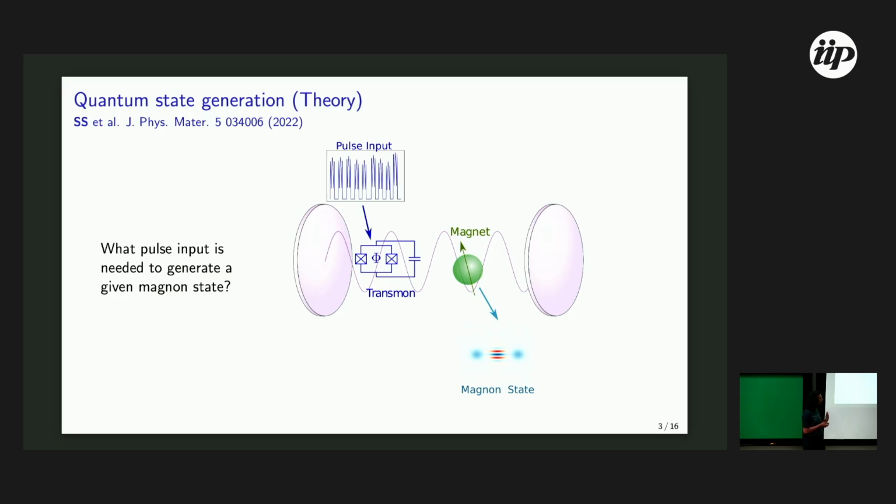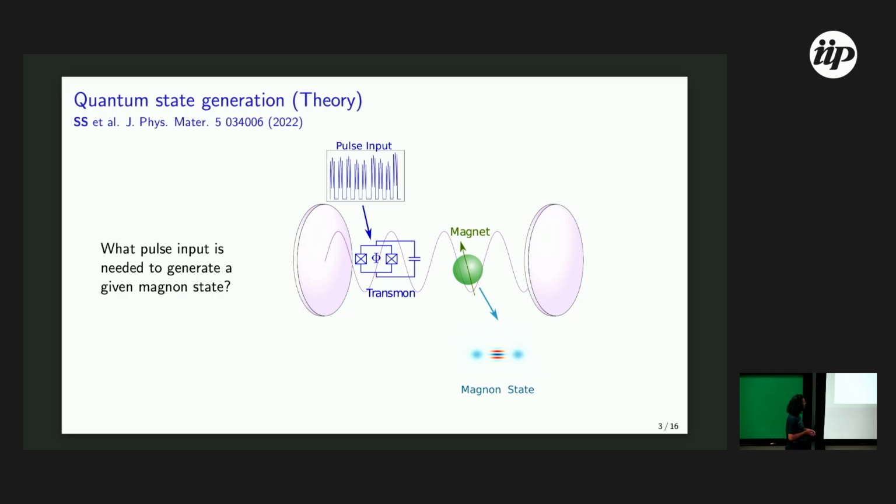Say you ask me how to create a superposition of magnetization. Then the algorithm will figure out what pulse input we should give to the transmon, such that at the end of the whole evolution, you end up with the magnetization state which you desired. If you want more details, I'll be happy to discuss in the discussion time.